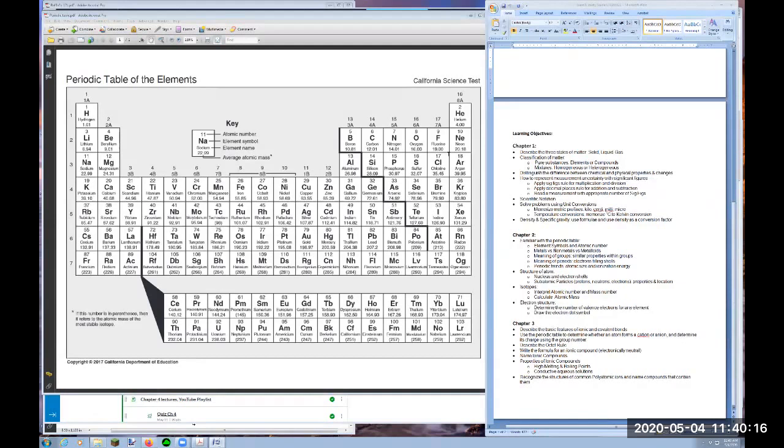So 1A, 2A, the B groups, it doesn't work for them. And then 3A, right? It's not working also for the 4A or the 5A, right? Only for 1A, 2A, and 3A can you determine the charge of the metal from the position in the periodic table.